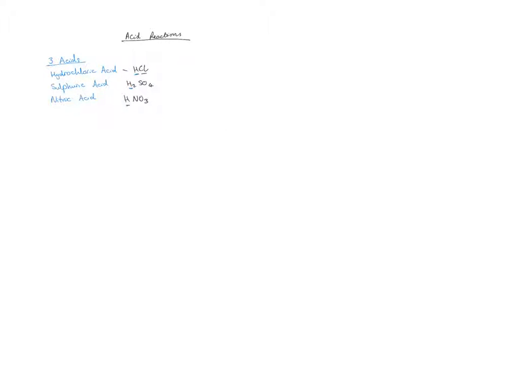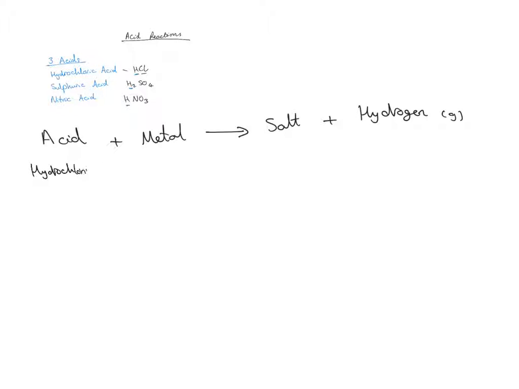So the first reaction we're going to look at is a general reaction where you add an acid to a metal and it will form a salt and the gas hydrogen. Now an example of this reaction would be hydrochloric acid, add magnesium.